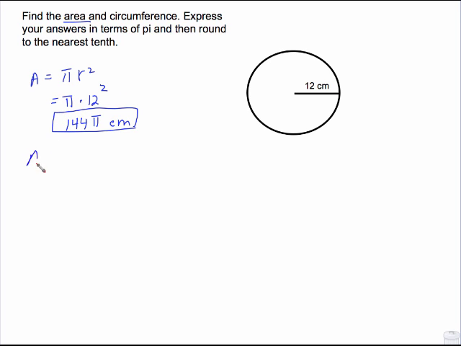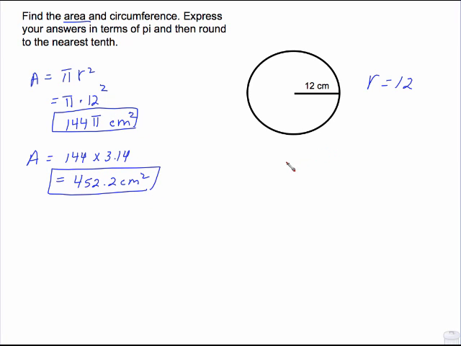Now our area rounded is 144 times 3.14, which equals 452.2 centimeters squared. I just realized I didn't put the squared on this up here. Back to circumference. As I was given the radius, I want to think of my circumference as being the formula 2 pi r.